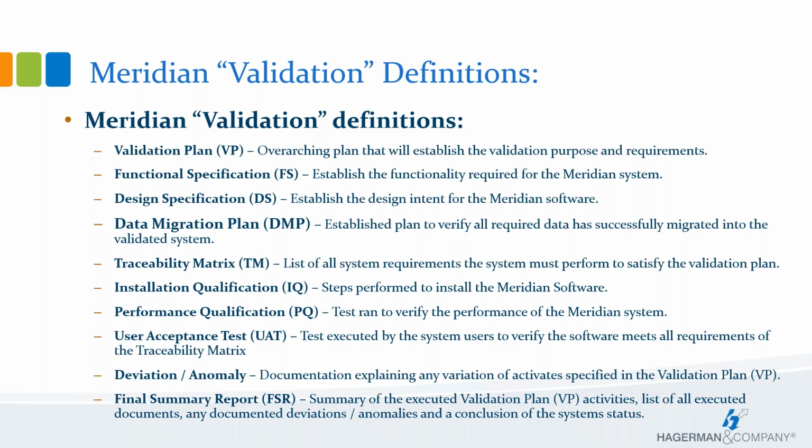Next item or document that we put together is a user acceptance test, or a UAT. These are tests that are executed by the users of the system to verify that the system meets all requirements of the traceability matrix. So once you have all the requirements that it does, the user acceptance test is where users go through and actually test and make sure that every item listed in the traceability matrix is covered, and that it does function as intended, and the users are happy with the results of it.